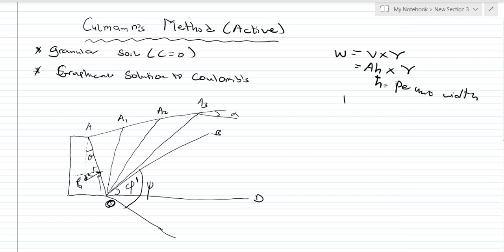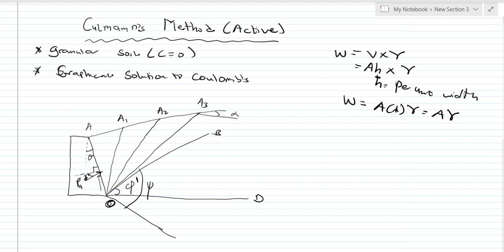So our weight finally becomes the area times 1 times the unit weight, simply the area times the unit weight. So you find the area of the respective triangle, then multiply by the unit weight to get the weight of each triangle.